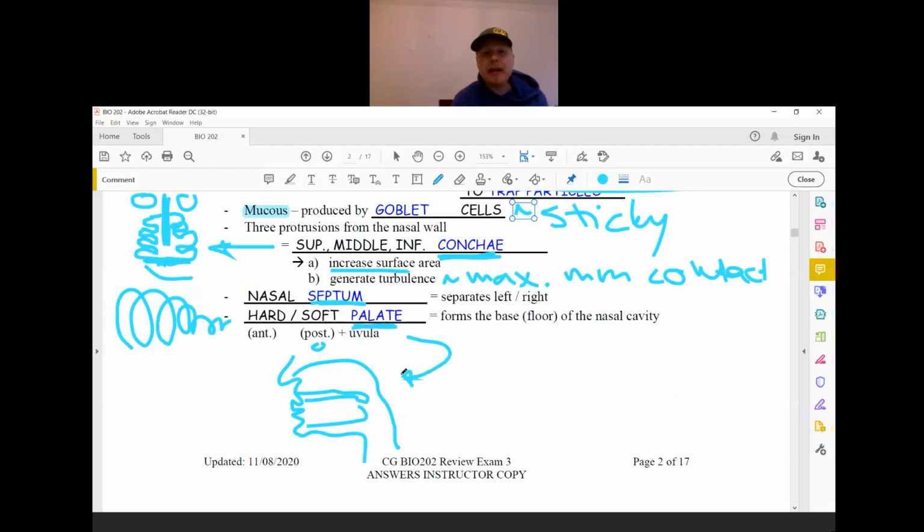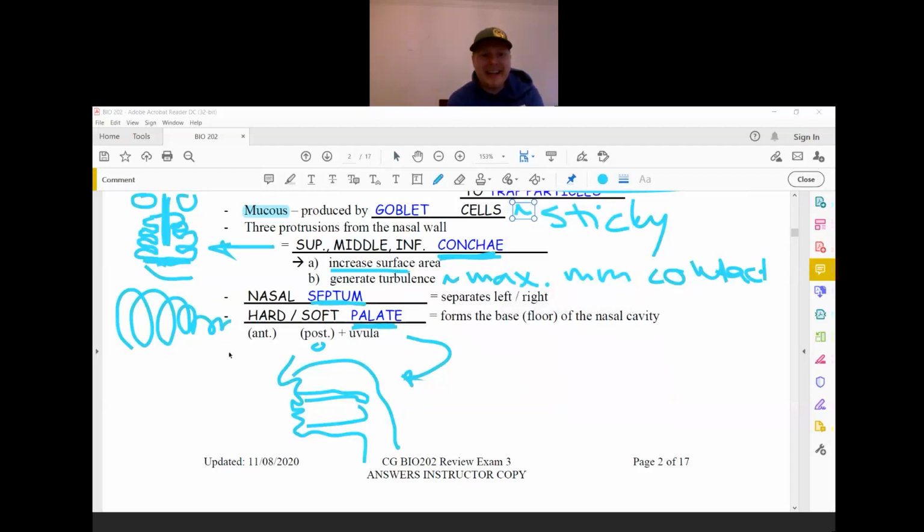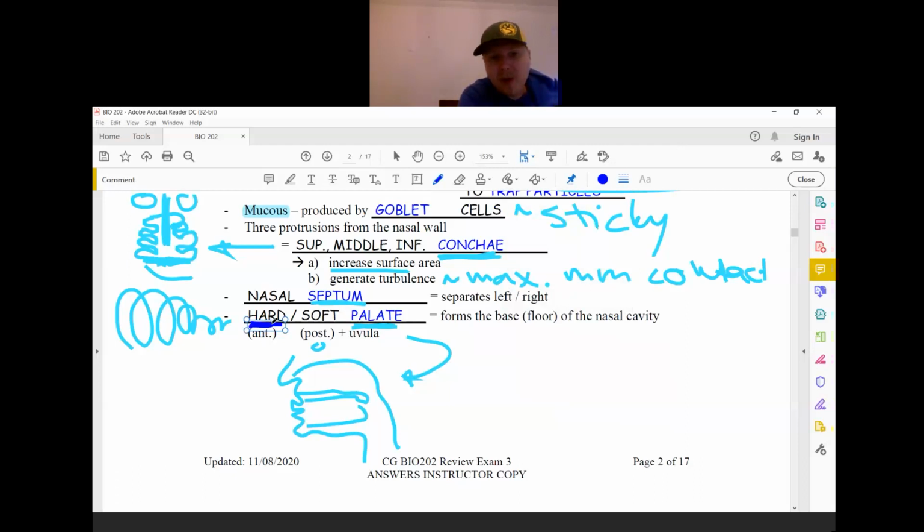And palate can be divided into two parts. The more anterior part being known as hard palate. And the reason why it is known as hard palate is that we actually have a bony layer there within the palate on the anterior portion, at the front portion of it.